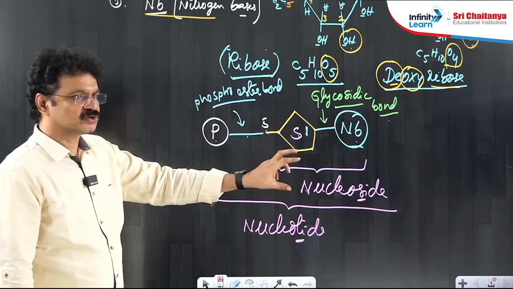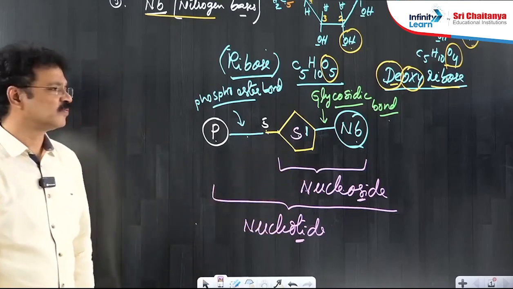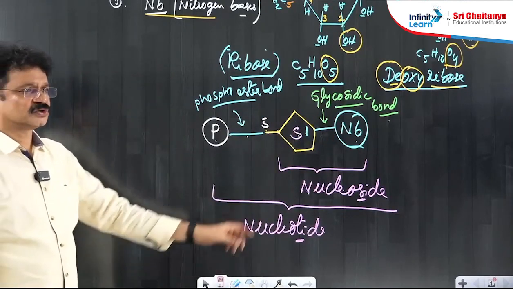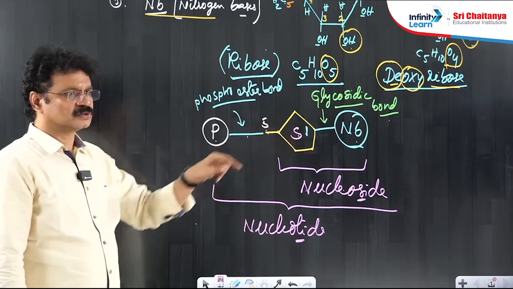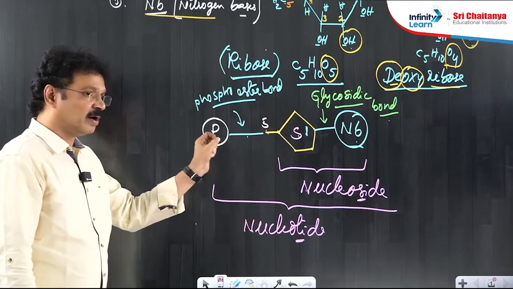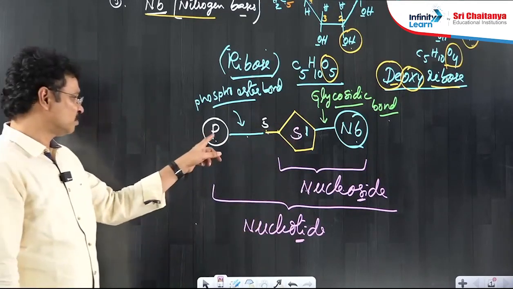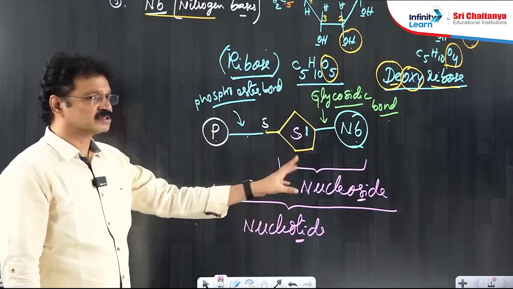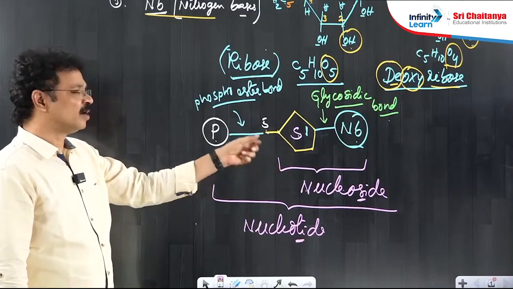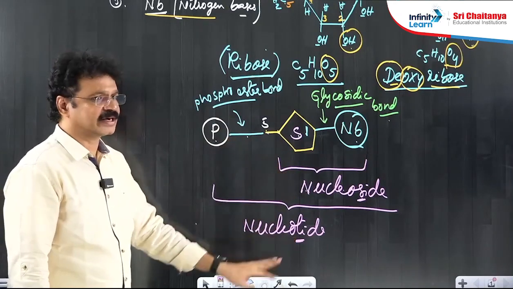Sugar and nitrogen base are common in both. One more question. Name the bond present in nucleotide, not in nucleoside. The chemical compound phosphate is present in tide only, not in side. Likewise, I am asking one more kind of question: name a bond absent in nucleoside but present in nucleotide.